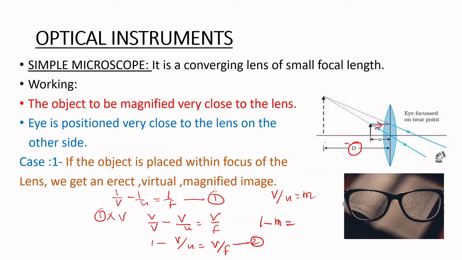So it is minus d, which means minus d by f on the right hand side. When we change the sides, m is equal to 1 plus d by f. This is the linear magnification produced by a simple microscope when the object is kept within the focus and the image is formed at the least distance of distinct vision.